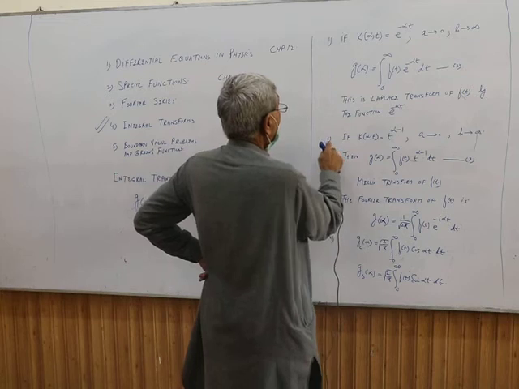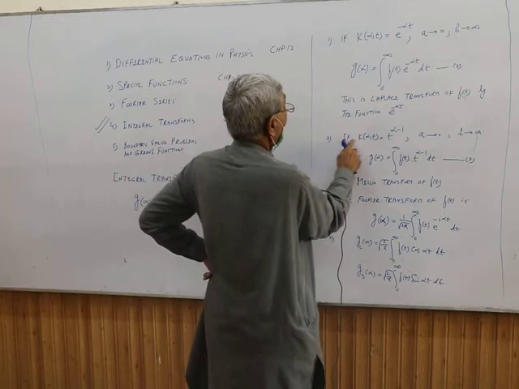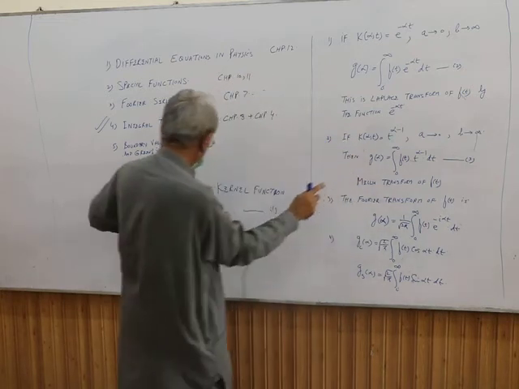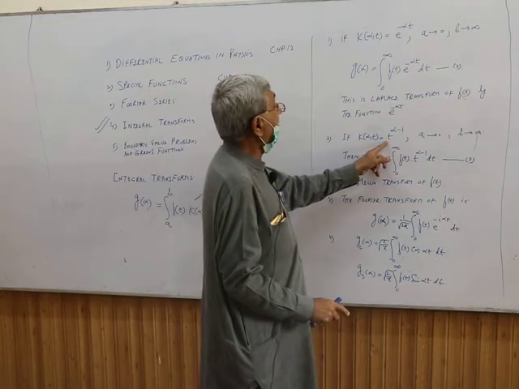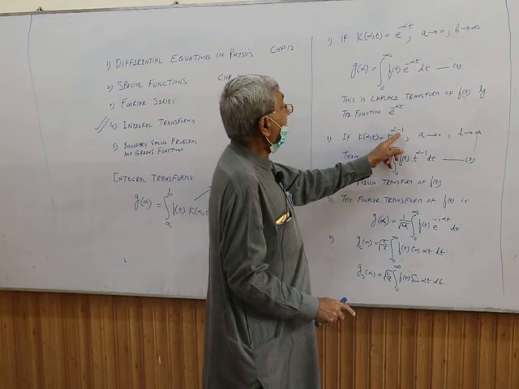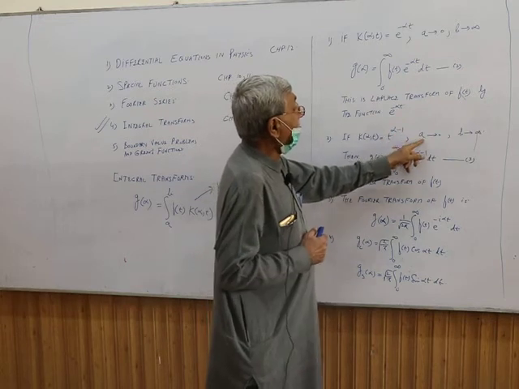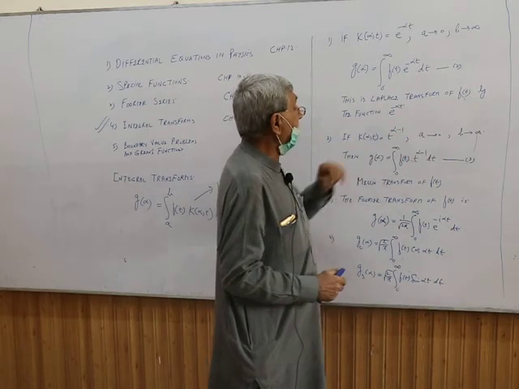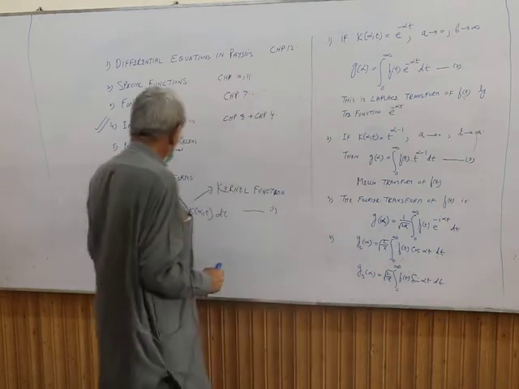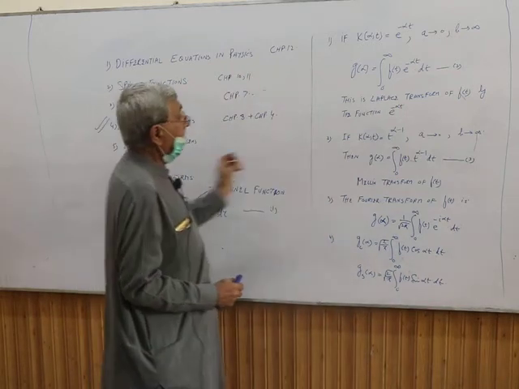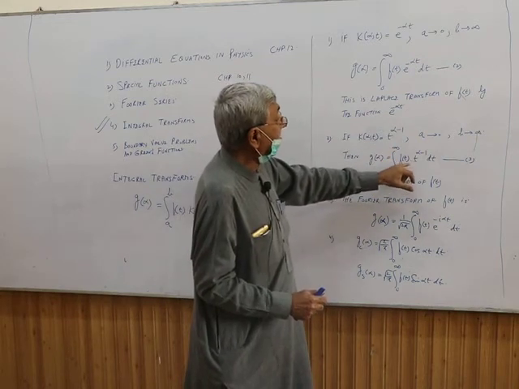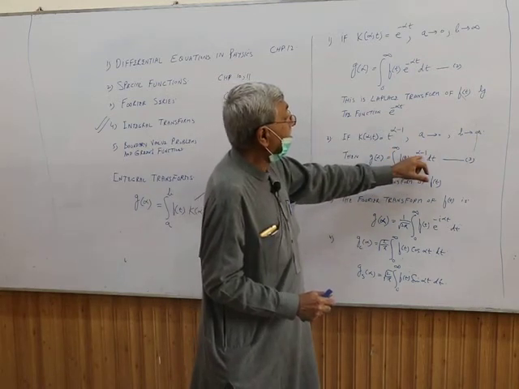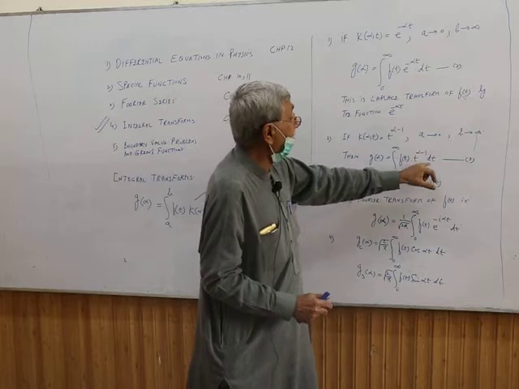Then the second case is if k(alpha, t), that is the same kernel function, if you take it as t raised to alpha minus 1 and a is tending towards 0, b is tending towards infinity, then this thing takes the following form: g(alpha) is the integral 0 to infinity f(t) t raised to alpha minus 1 dt.